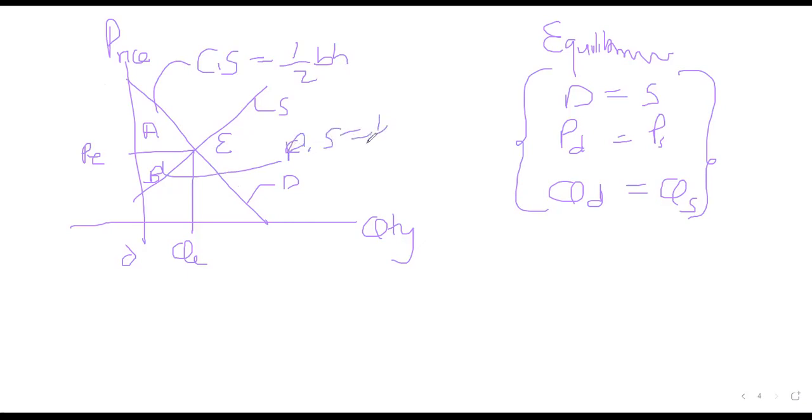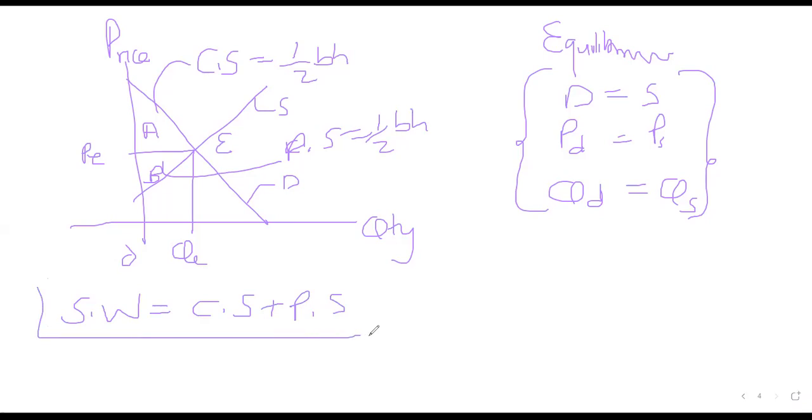We also use the formula of a triangle, half BH. So the social welfare occurs when we sum up the consumer surplus and the producer surplus. It's called our total surplus.